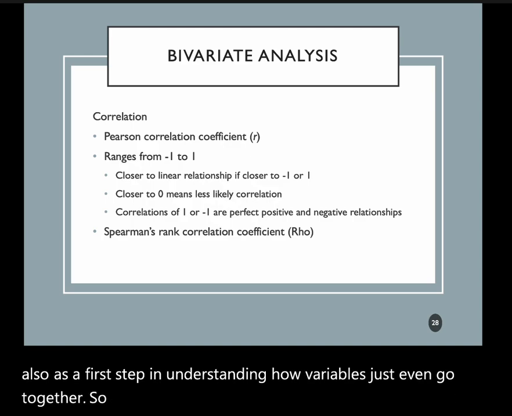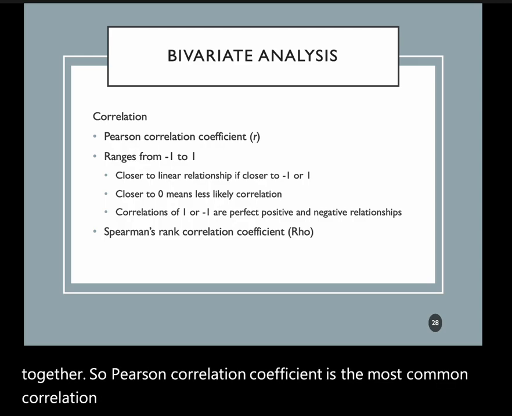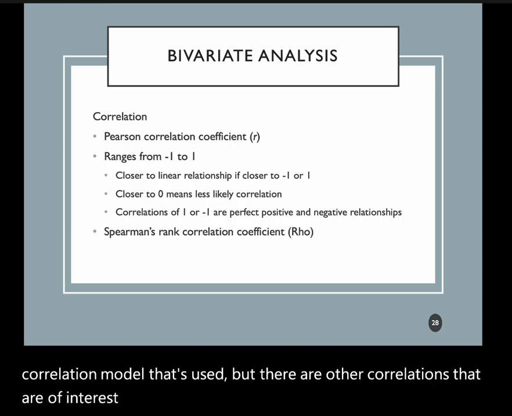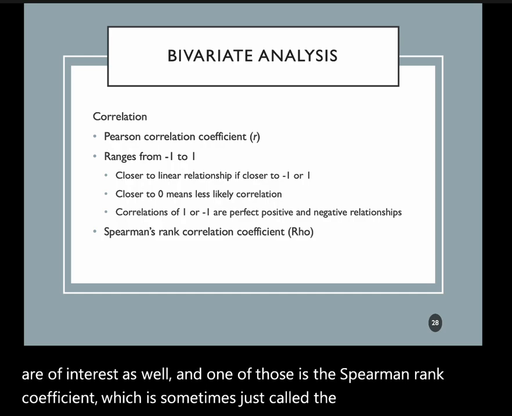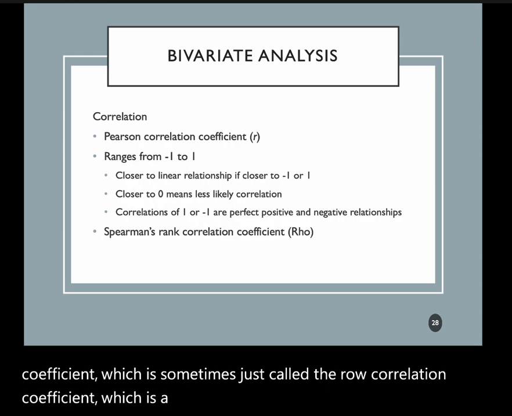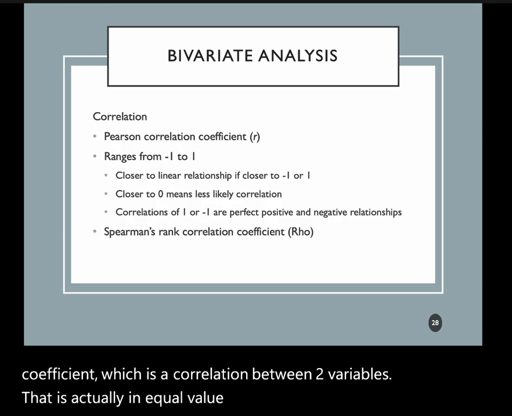So, the Pearson correlation coefficient is the most common correlation model that's used, but there are other correlations that are of interest as well. One of those is the Spearman rank coefficient, which is sometimes just called the rho correlation coefficient, which is a correlation between two variables that is equal in value to the Pearson correlation.